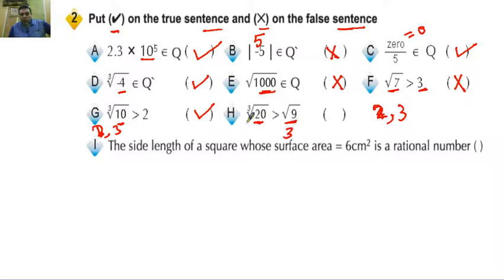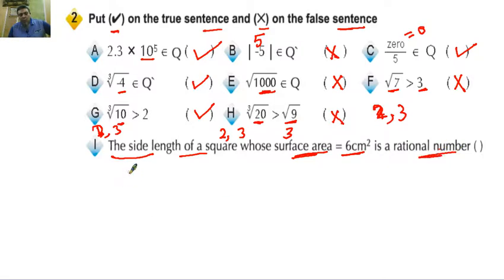Cube root of 20 is between 2 and 3, then it is greater than 2 and less than 3, not greater than 3. This statement is wrong.